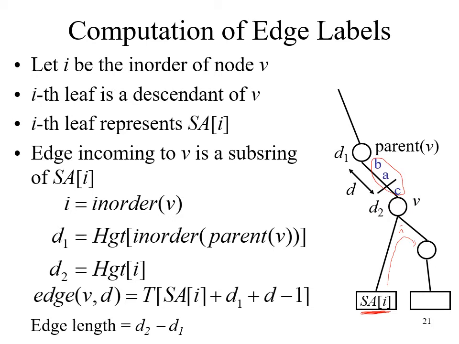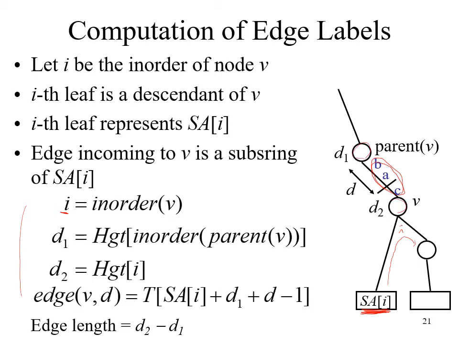So to obtain these labels, we compute this. So first compute the in-order. Then we know the suffix string. Next we compute the string depth of V and its parent.